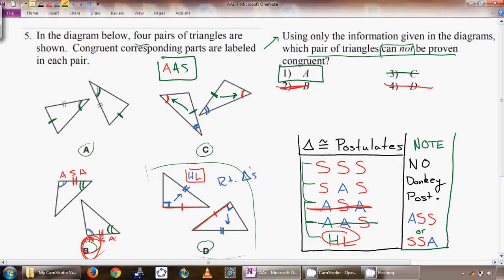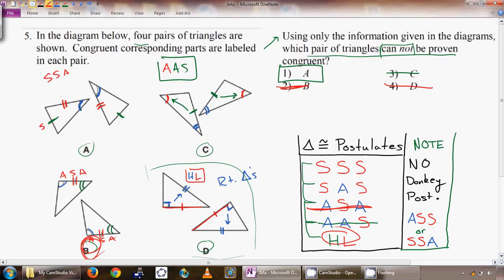And let's go over why. So we've got these pairs of congruent sides, congruent angles here. And then note, these sides that are congruent, so we've got 2 sides. Side, side, and an angle.